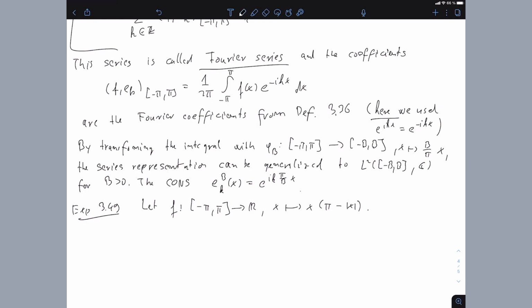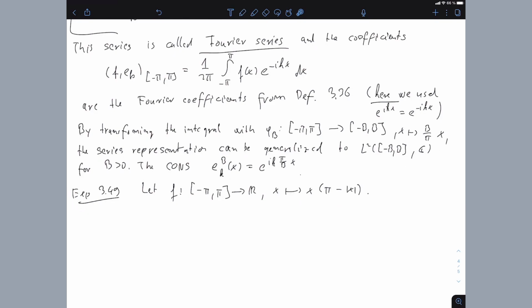Of course, with another 0. This was not a very good drawing, because this has two zeros, at 0 and at pi.